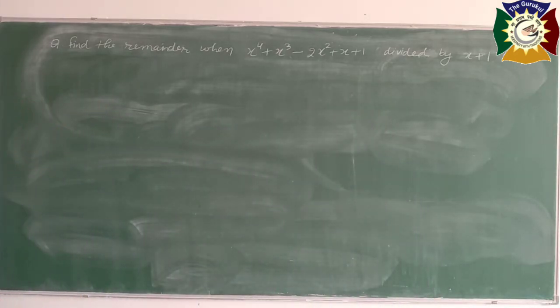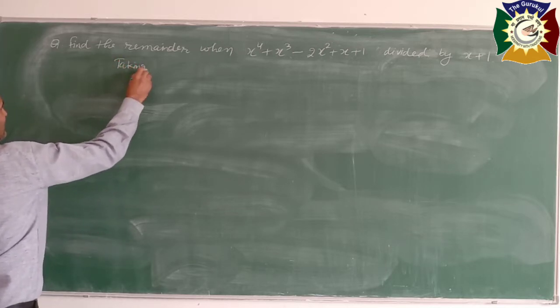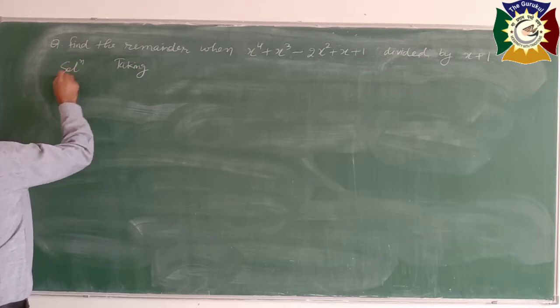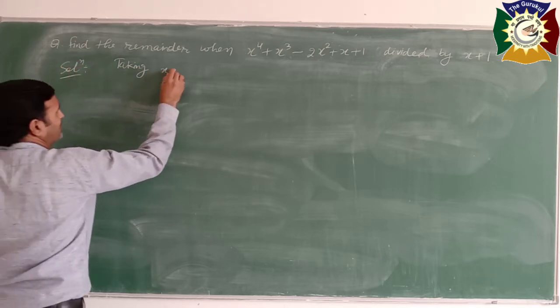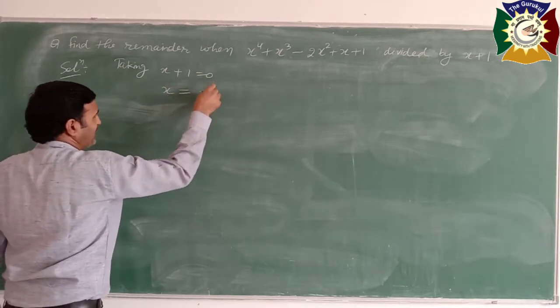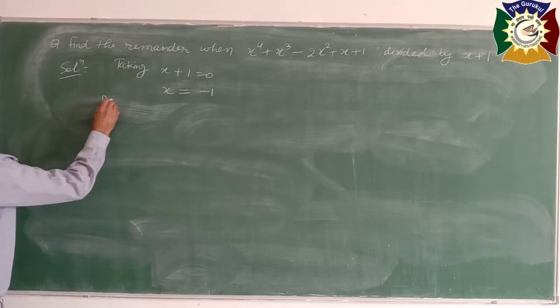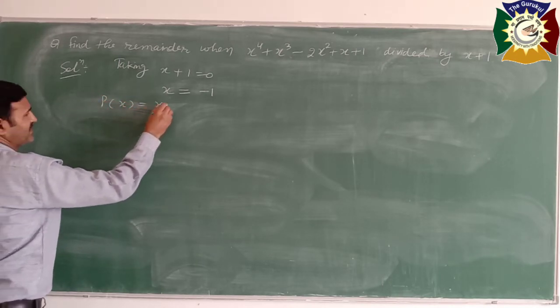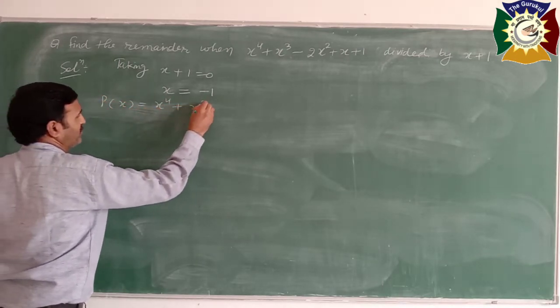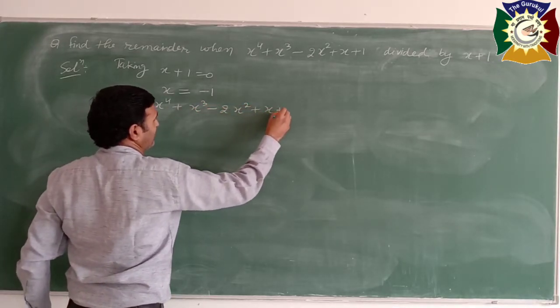Since x plus 1 is a linear polynomial, take x plus 1 equal to 0 and we get the value x equals minus 1. And p of x is given as x raised to power 4 plus x cube minus 2x square plus x plus 1.